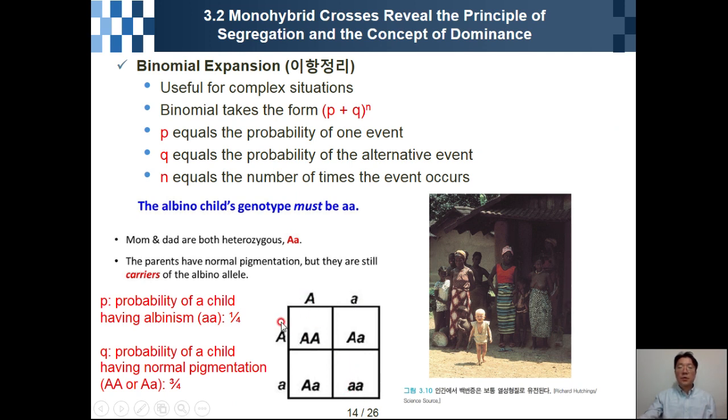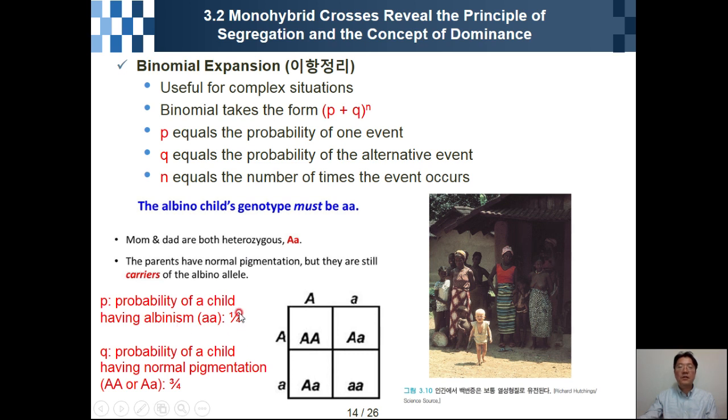Based on this Punnett square, this will be large A, large A, so it will be normal, and large A, small a will also be normal pigmentation. Either large A, small a also gives normal pigmentation. But in the small a, small a case, the child will have albinism. So P equals the probability of one event. One event means albinism.